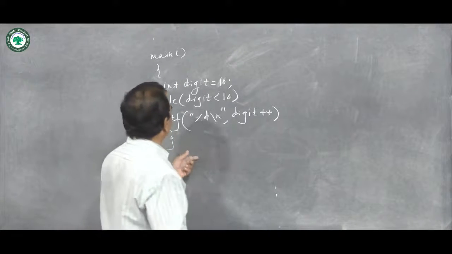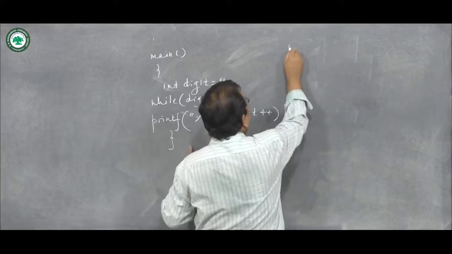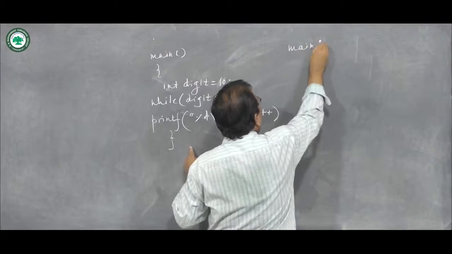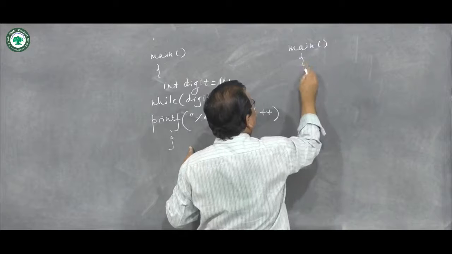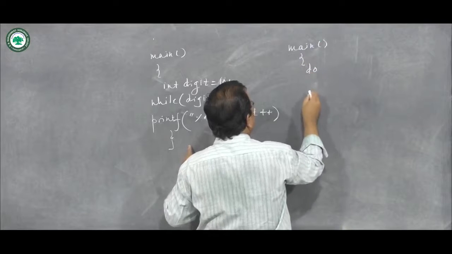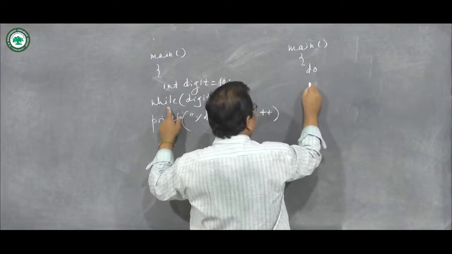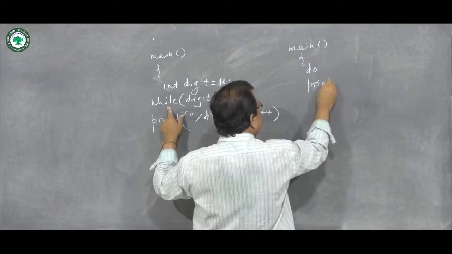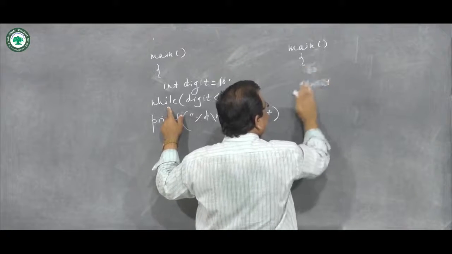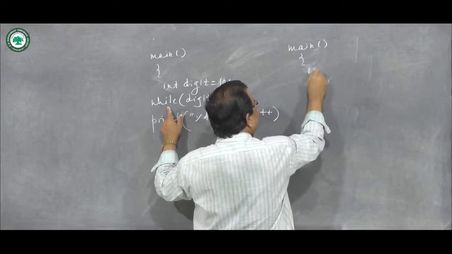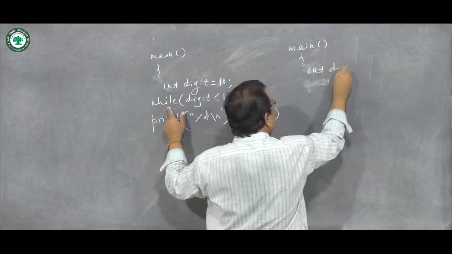On the other hand, if I consider the same program using do while, then do, and then the statement printf. I have to declare digit as an integer type of variable.